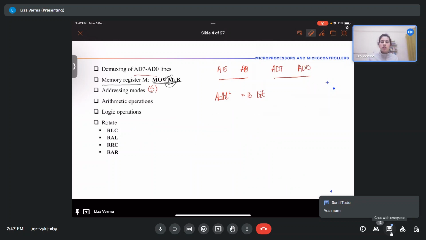Okay, so these were some of the implied instructions. Next is arithmetic operations. I think arithmetic operations must also be clear to you. Very easy.